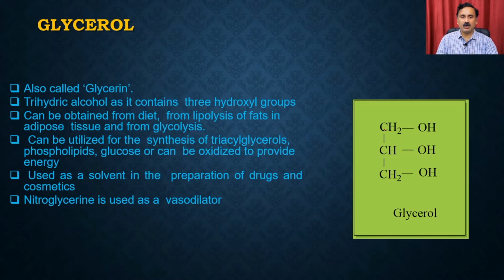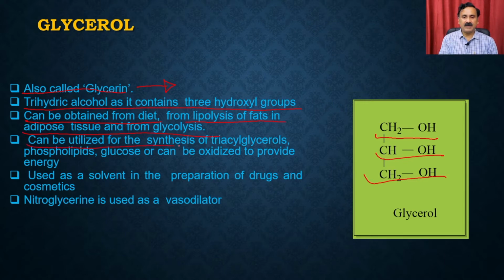So what is glycerol? Glycerol, also known as glycerine, is a trihydroxy alcohol. What you see here is the chemical formula of glycerol: CH2OH, CHOH and CH2OH. It is a trihydroxy alcohol as it contains 3 hydroxyl groups. It can be obtained from the diet, from the lipolysis of fat in the adipose tissue, and from glycolysis.